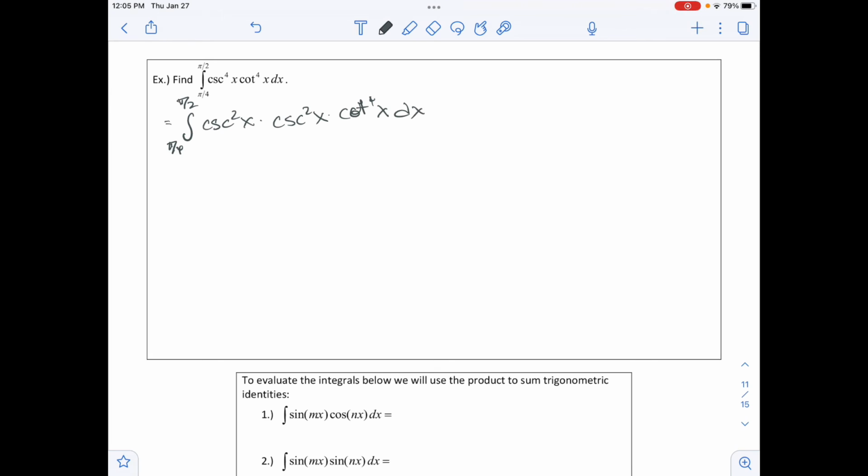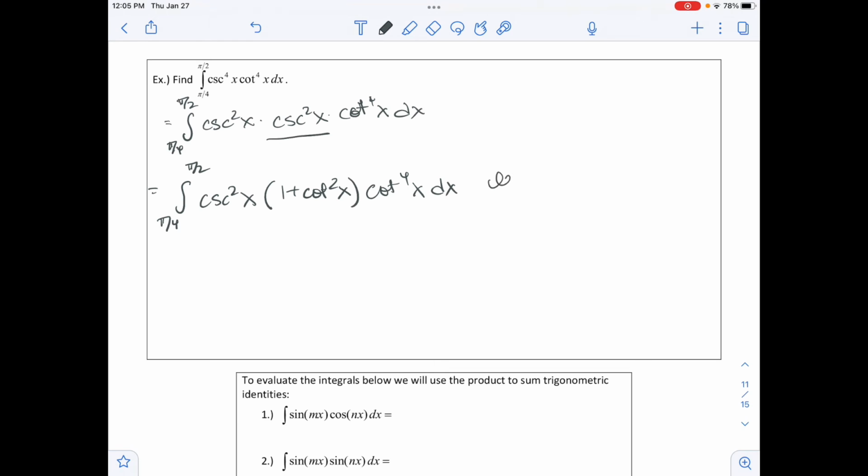And then I'm going to rewrite one of the cosecant squareds in terms of cotangent. So the integral from pi over 4 to pi over 2 of cosecant squared x times 1 plus cotangent squared x times cotangent to the 4th x dx.